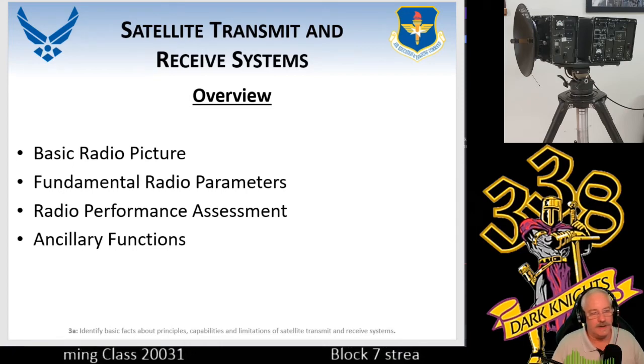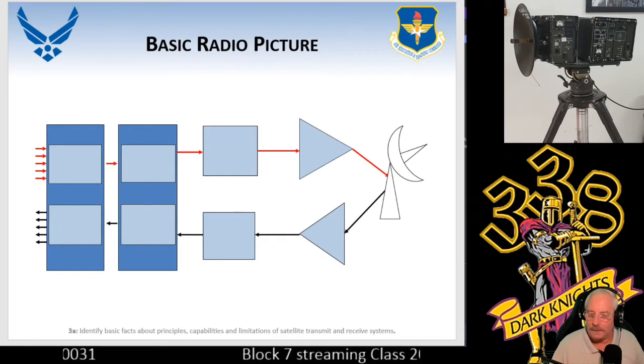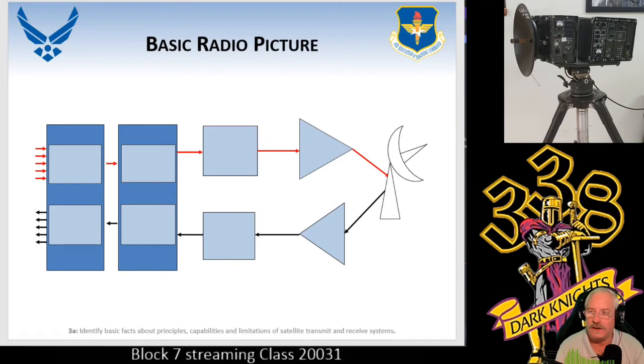So we're going to look at basic radio picture, the fundamental radio parameters, radio performance assessment, and ancillary functions. Let's go through each one of these. I'm not sure if you have this. I highly recommend that there is one that's coming up in about the next 10-15 slides that fills this in. If you have this breakout, it's a good idea to fill it out.